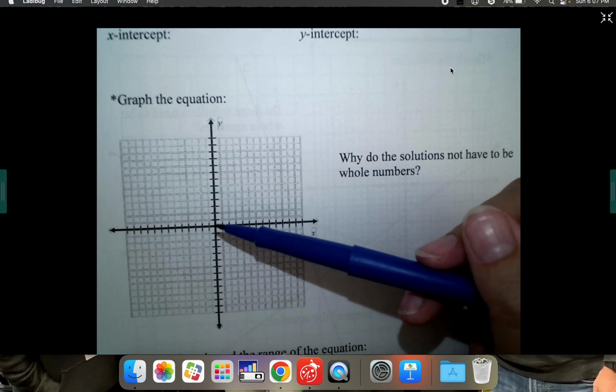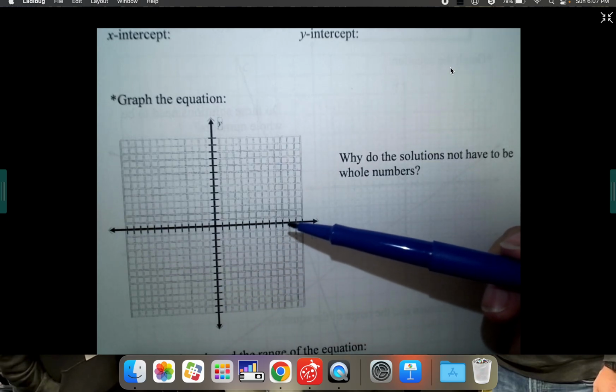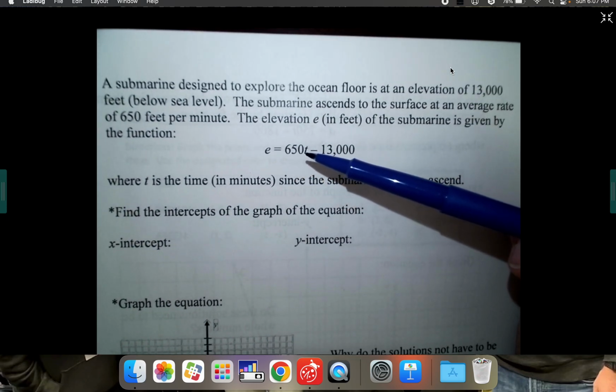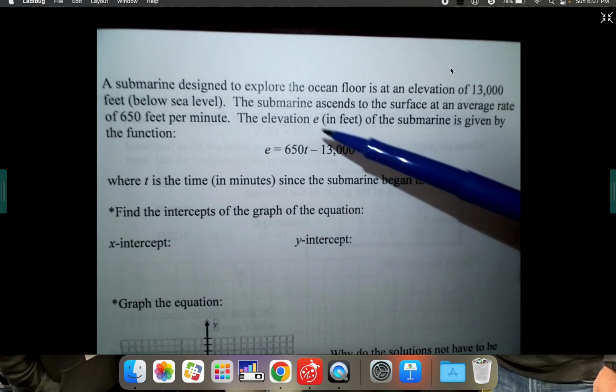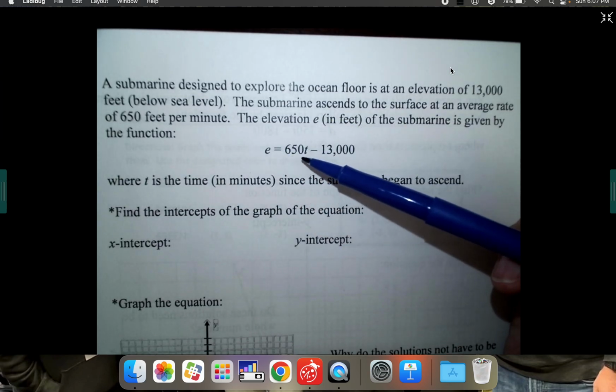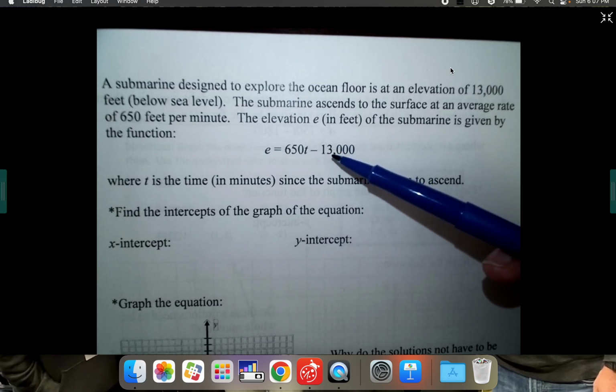So we're actually starting below and we're ascending, which means going up, back up, at a rate of 650 feet per minute. The elevation is your E, the submarine given by this function. So the total elevation is 650 feet per minute, and you started it below by 13,000 feet.